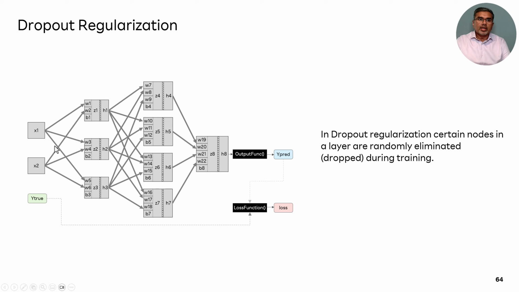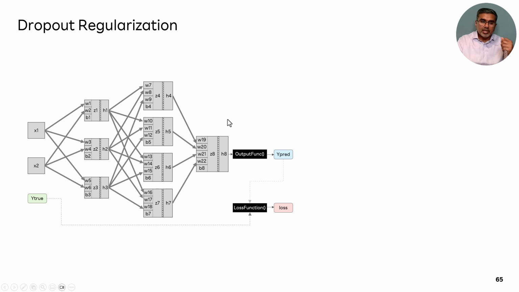In L1 regularization, you basically eliminated weights that are unimportant. You made them zero. In L2 regularization, you made the unimportant weights smaller than what they would be without regularization. What if you can drop out complete neurons altogether? For example, let's say that you take this neuron out. So all this input is gone, right?